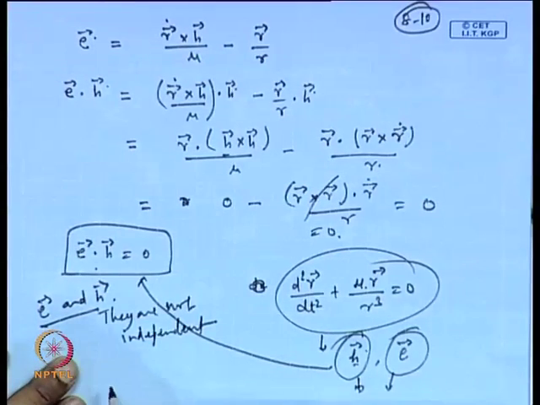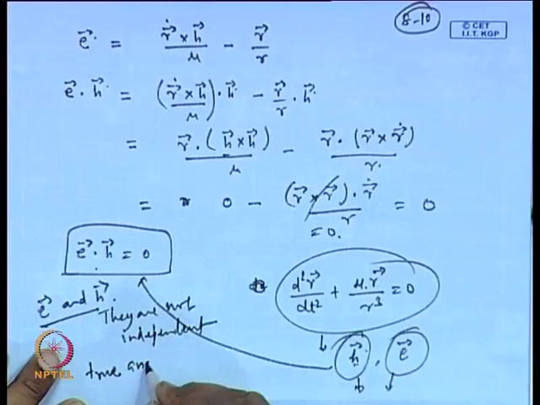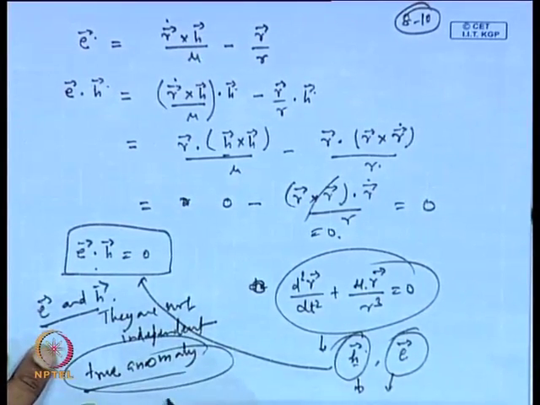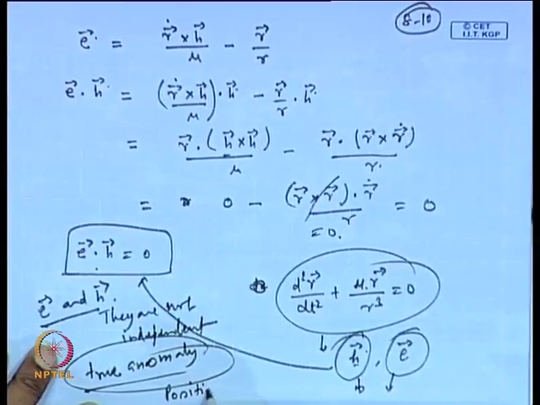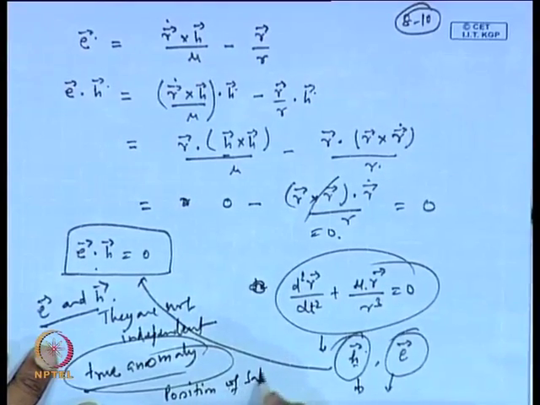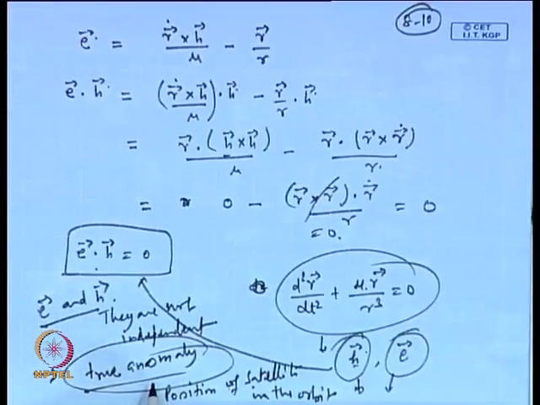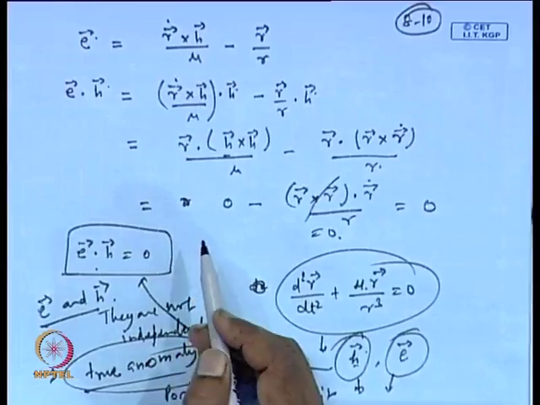So, what we need further is the true anomaly, which is a quantity that defines the position of the satellite in the orbit. Okay. So, in the next lecture we will see how to define the orbit completely.